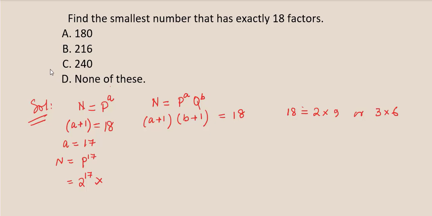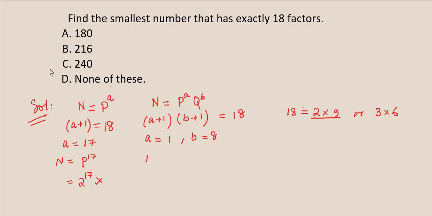So when 18 is 2 multiplied by 9, in that case the value of a would be 1 and the value of b would be 8.